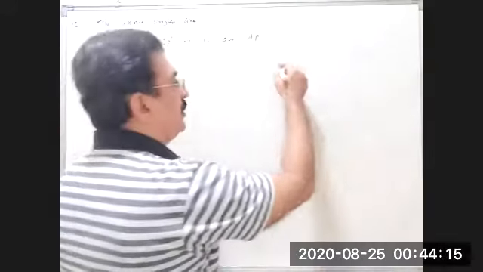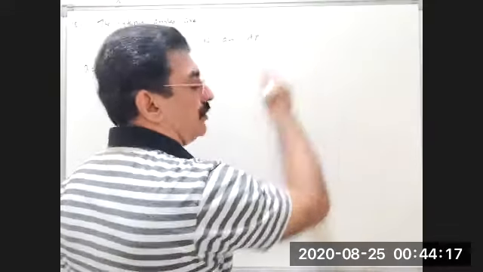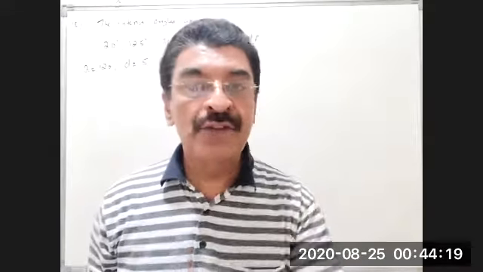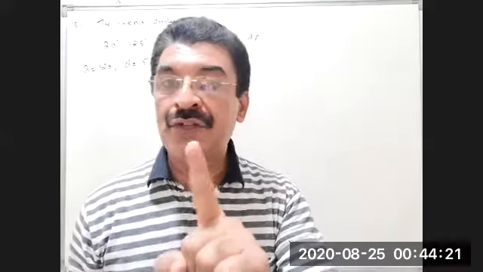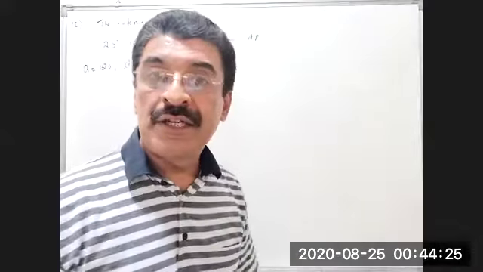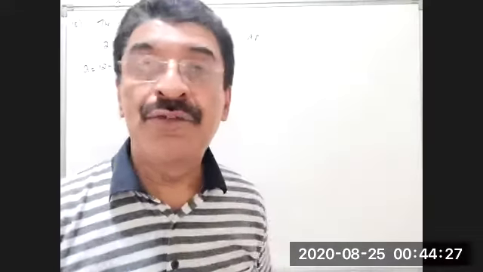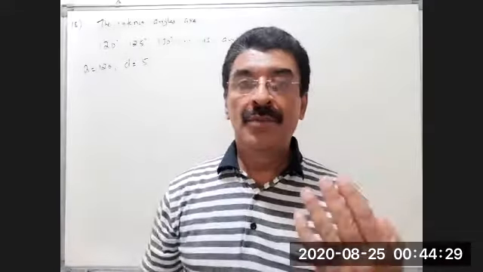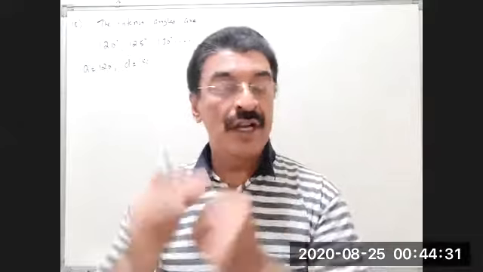You know the triangle. The angle sum property of a triangle is 180. That means the sum of interior angles of a triangle is 180. If it's a quadrilateral, quadrilateral means what? A polygon with 4 sides.